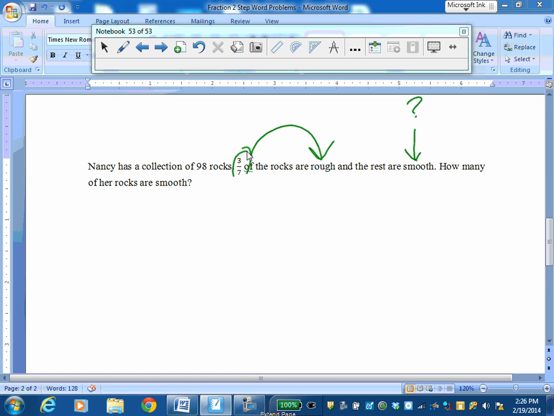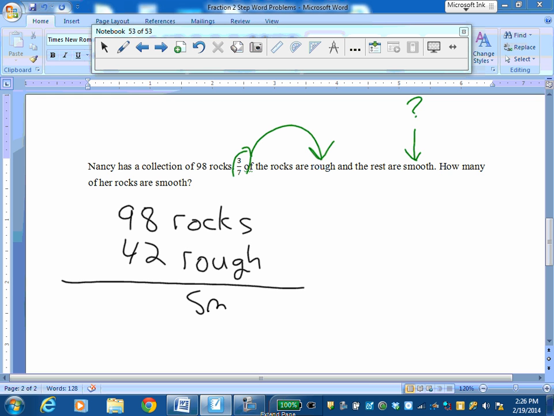So we have 98 rocks. 42 of them are rough. So we want to know how many of them are smooth. And to do that, we just subtract. And now we know that 56 of the rocks are smooth.